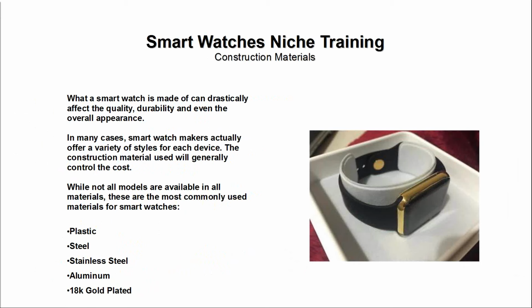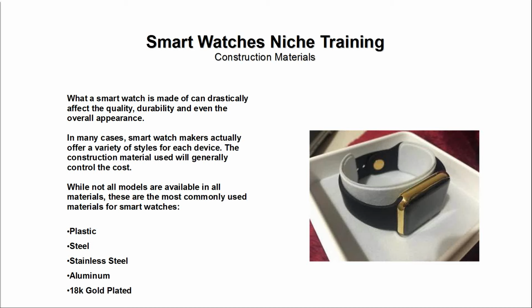Oftentimes, a consumer might be looking for not only a watch that has the various features that they want, but a watch that's going to have the style or the design that fits best with what their own personal style is.